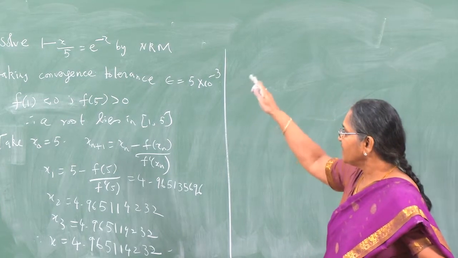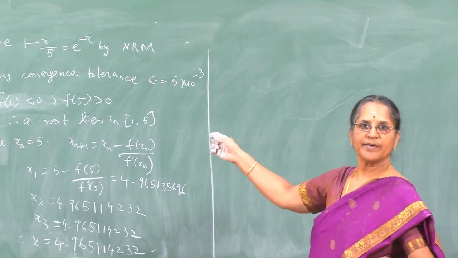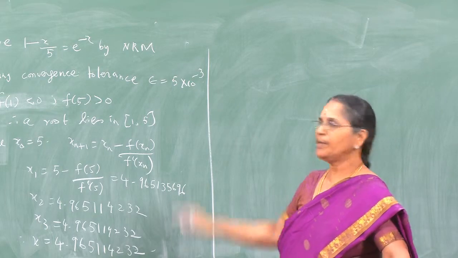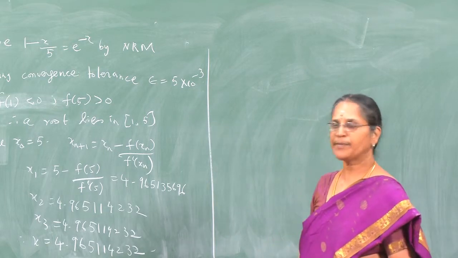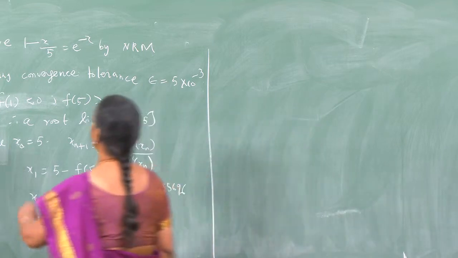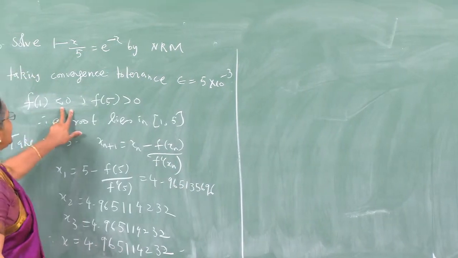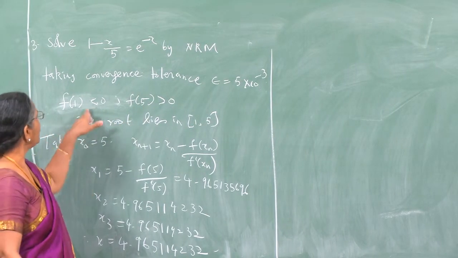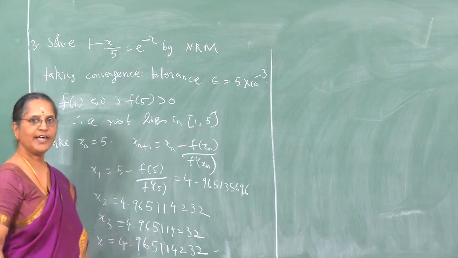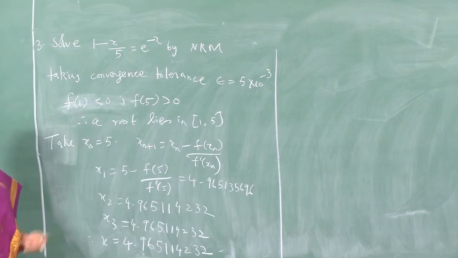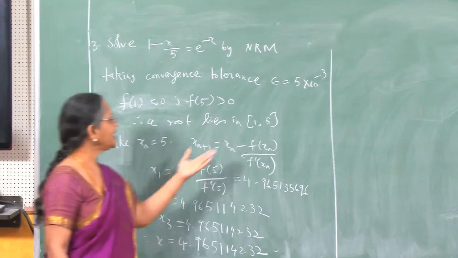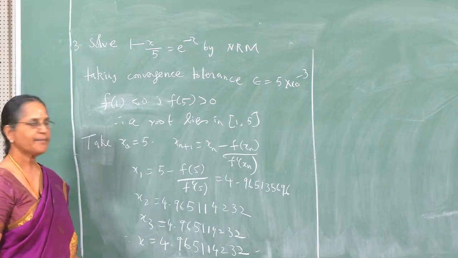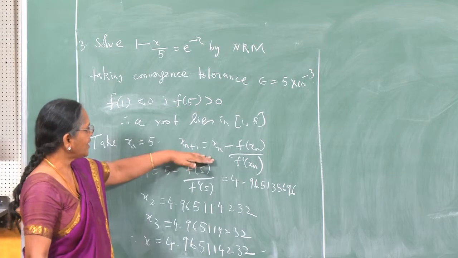And if we start with such an initial approximation and generate the successive iterates to determine a solution of this problem. So, we observe that f of 1 is less than 0 and f of 5 is greater than 0. So, a root lies in the interval 1 to 5. So, we shall start with an initial approximation anywhere in this interval. So, let us take it to be say 5 and then apply Newton-Raphson method.